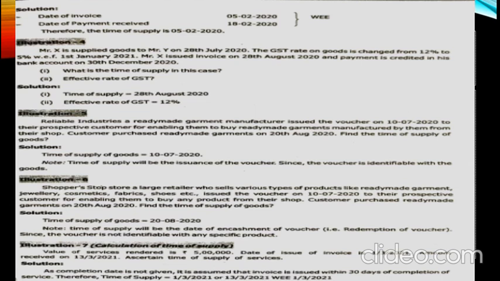On 20th July 2020. Then the GST rate on goods is changed from 12% to 5%, which was effective from 1st January 2021. So the change in rate was in January 2021. Mr. X issued the invoice on 28th August 2020, and payment was credited in his bank account on 30th December 2020.